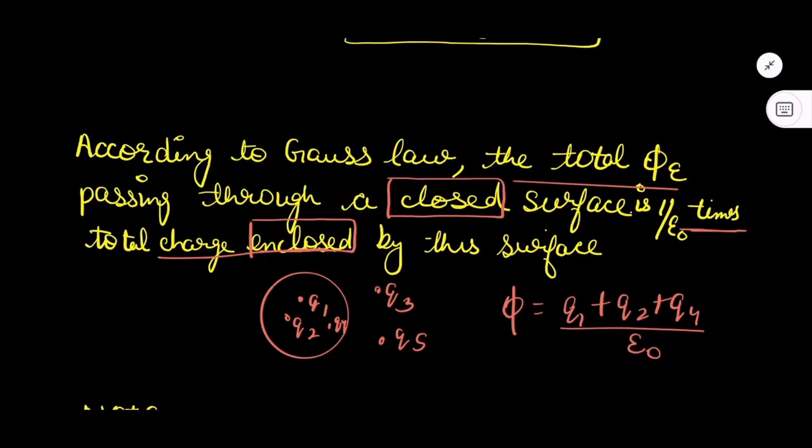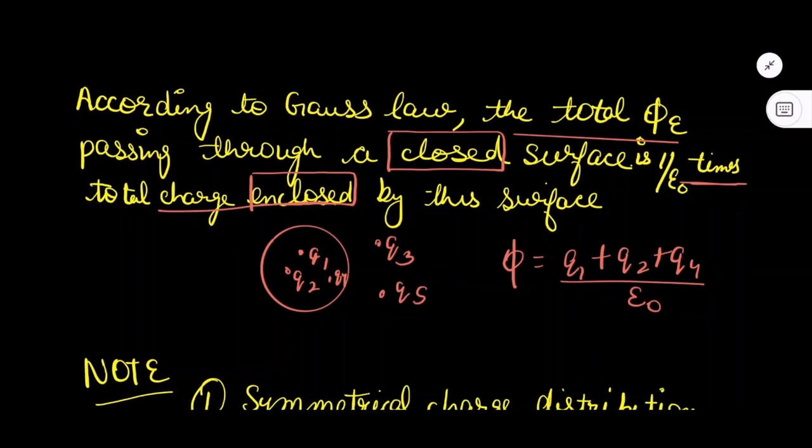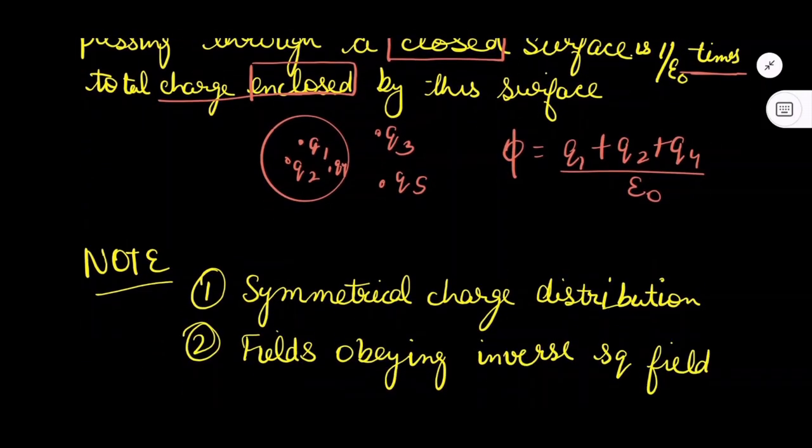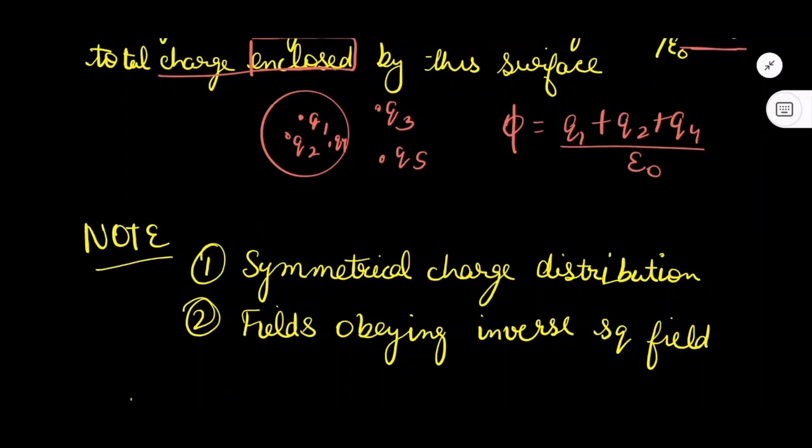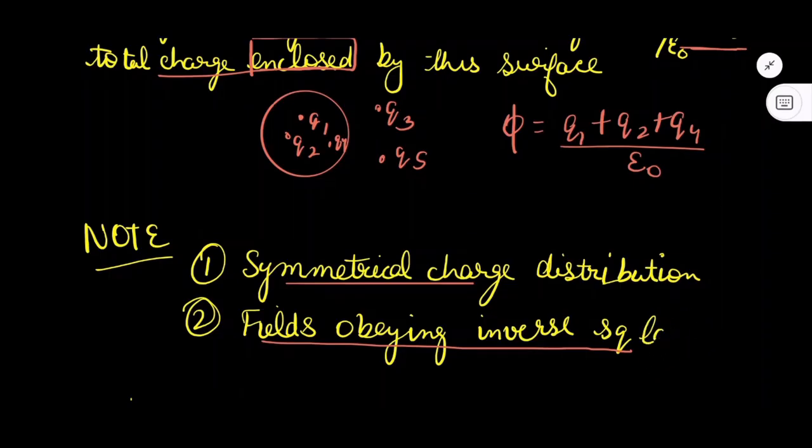Now there are some points which need to be kept in mind. You can note down that for the Gauss law, we must have a symmetrical charge distribution, and it will be applied only for fields obeying the inverse square law.